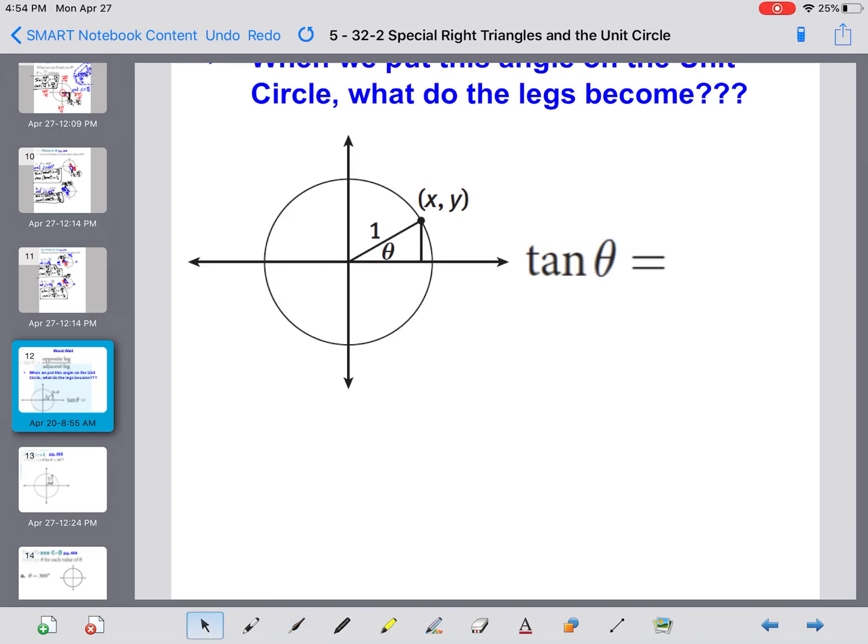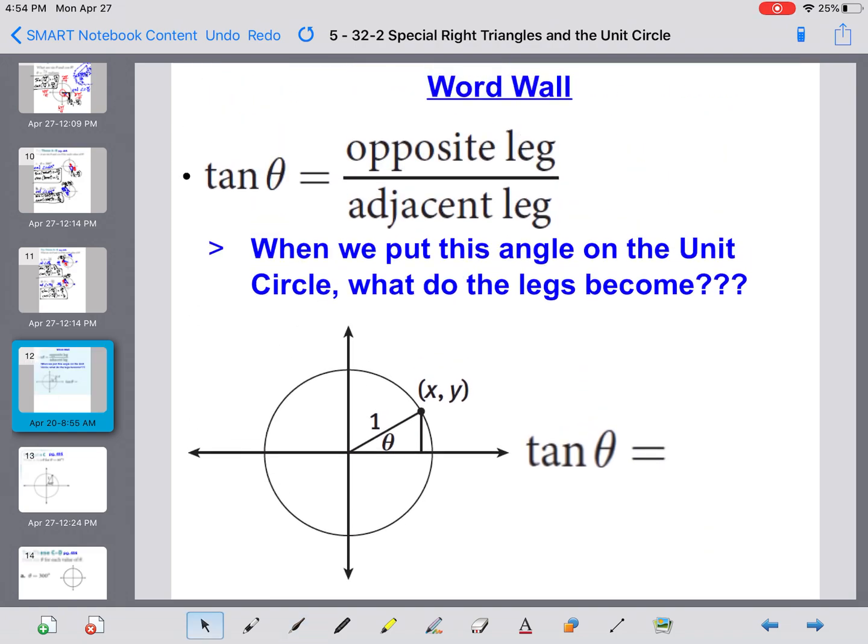Let's now quickly talk about tangent. So if you remember back to Geo, tangent was the opposite leg over the adjacent leg. Okay, opposite over adjacent. So what's nice about tangent is we can keep doing the same stuff we've been doing here. Nothing's changed.